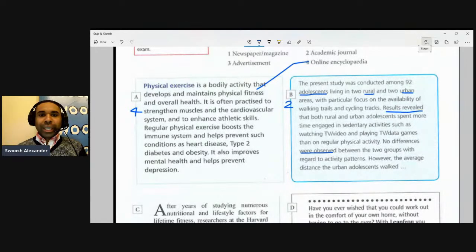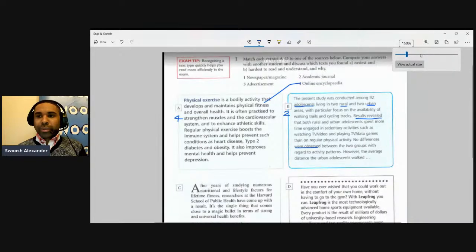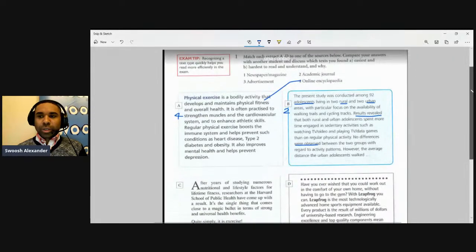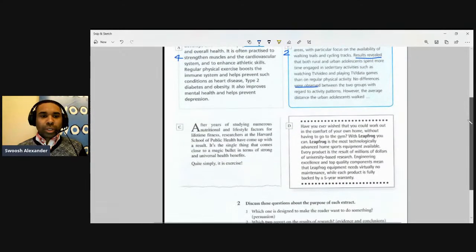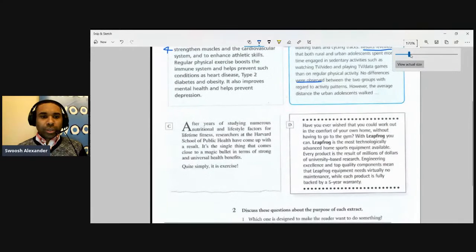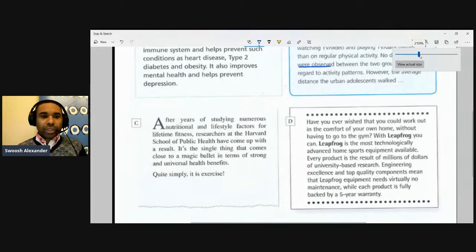And if we have a look at 3, let's just reduce it so we can see it. Scroll down a little bit. So for C: after years of studying numerous nutritional lifestyle factors for lifetime fitness, it's a single thing that comes close to magic bullet. Quite simply, it is exercise.